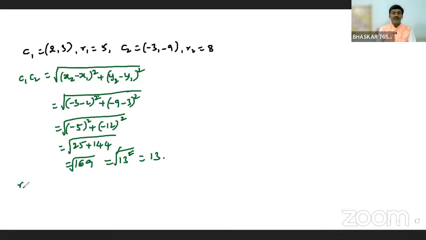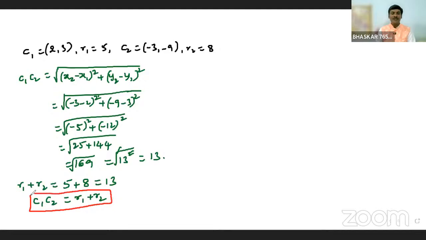Now find the sum of the radii, R1 plus R2. R1 is 5 and R2 is 8, 5 plus 8 is 13. Is it equal to C1 C2 or not? Check once. C1 C2 is equal to R1 plus R2, both are equal to 13 only.